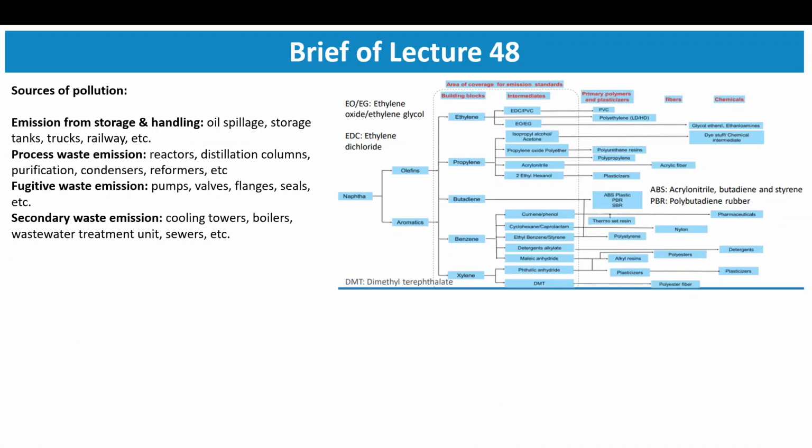Now, one of the products from the petroleum industry is naphtha, and it could be light naphtha or heavy naphtha depending on the carbon chain. This naphtha is converted into various petrochemical products.